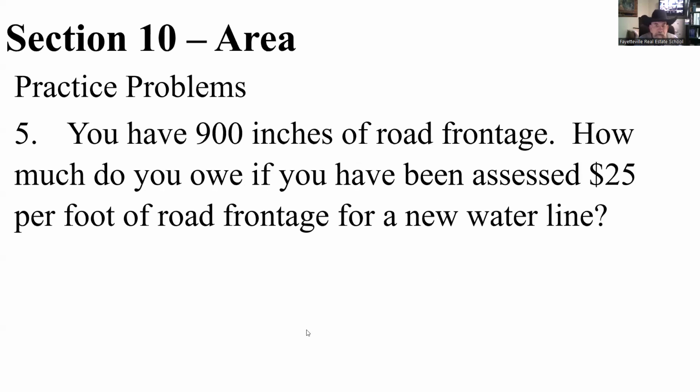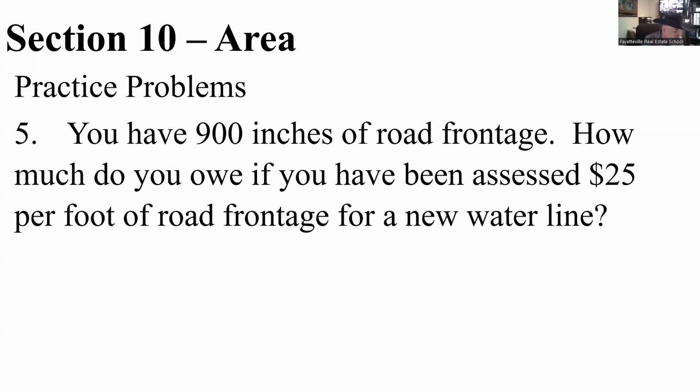You have 900 inches of road frontage. How much do you owe if you have been assessed $25 per foot of road frontage for a new water line? So we have to know how many inches are in a foot, and there are 12 inches in a foot.